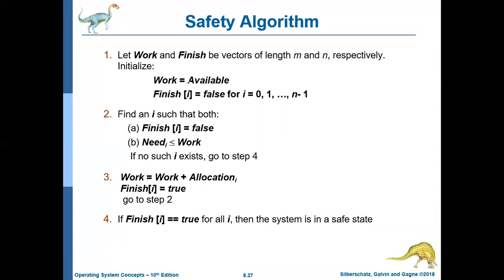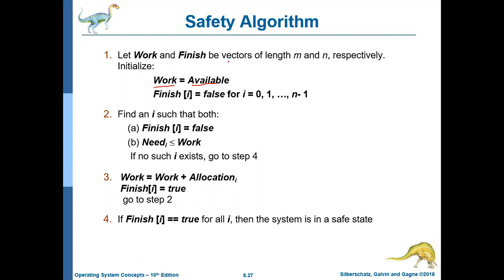We don't want to change the available array. That's why we are copying all the contents of available in work. Now your work and available both are the same. Why are we doing this? Because we don't want to change our available contents because it is the actual one.